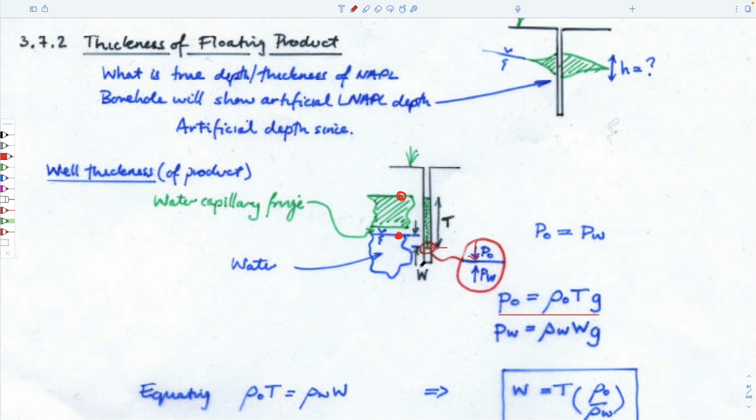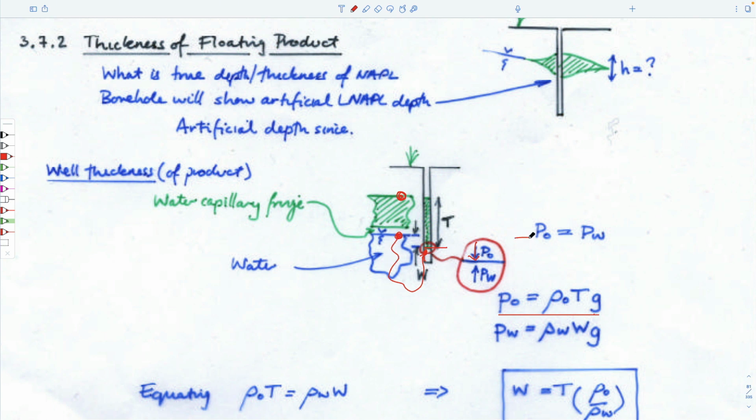The pressure opposing that, acting upwards, is the pressure in the water acting upwards. And so the way for us to get that is to go from this point here, and go into the wellbore like this. We know these 2 points are simply connected. We know that this point is atmospheric pressure.